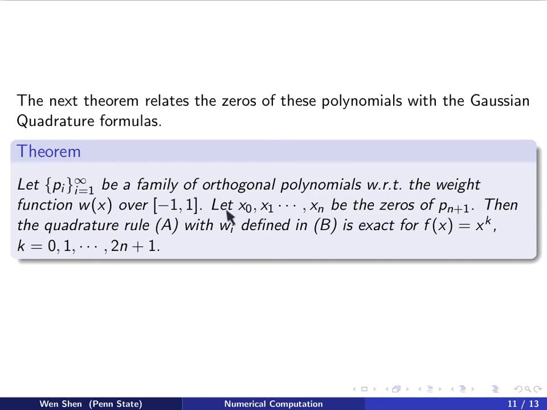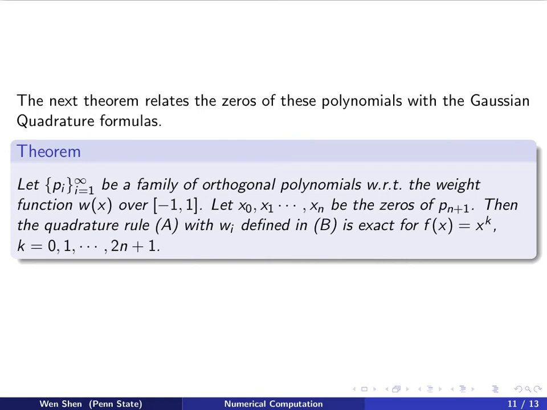And then let x_0, x_1, ..., x_n be the zeros of the polynomial P_{n+1}. Then the quadrature rule (A), the one we set up, with the weights w_i as defined in formula (B), would be exact for f(x) = x^k, for k ranging from 0, 1, and all the way to 2n+1.